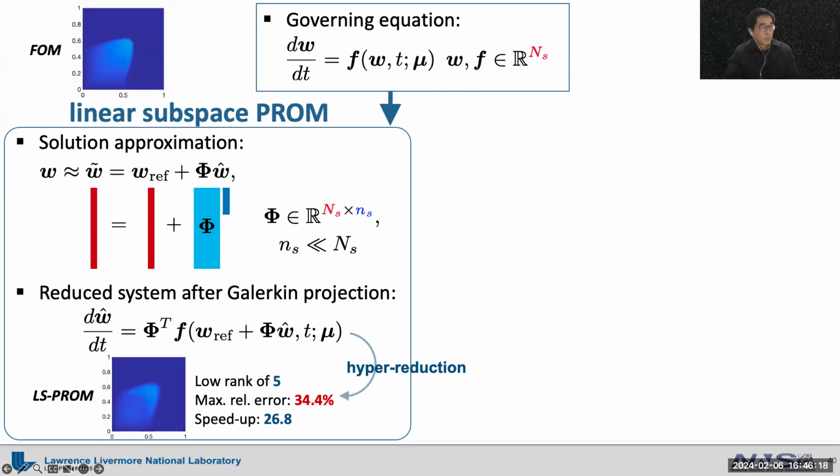For these simple examples where advection dominates and the shock moves from one part of the domain to the rest, it is hard to achieve a low-rank solution representation and a good accuracy. For this particular example, the maximum relative error was 34.4%.